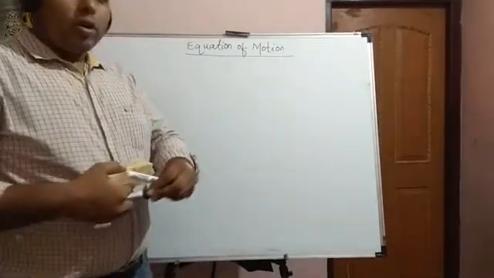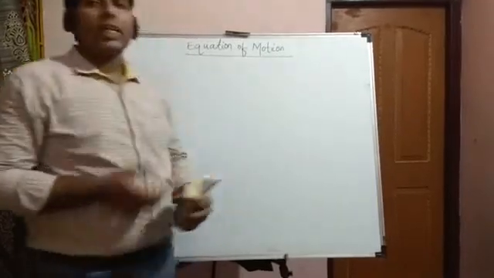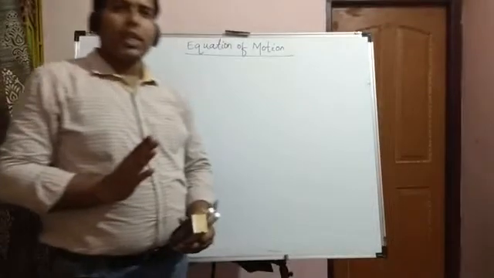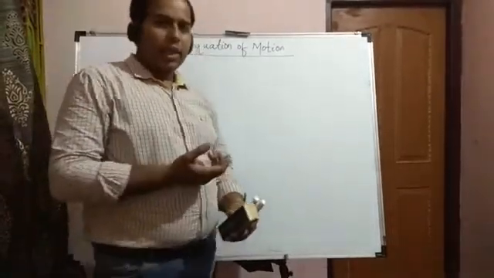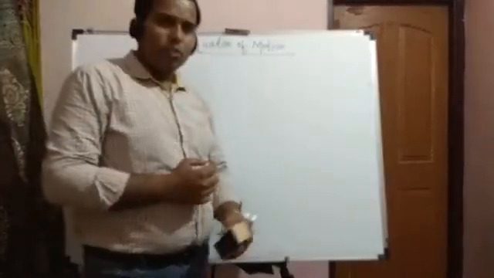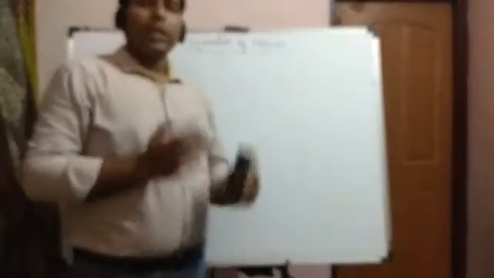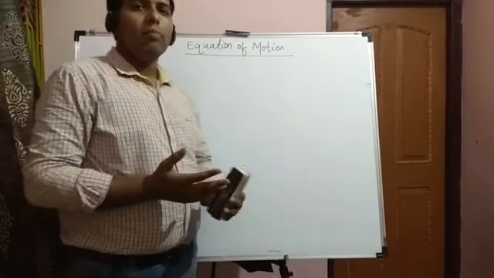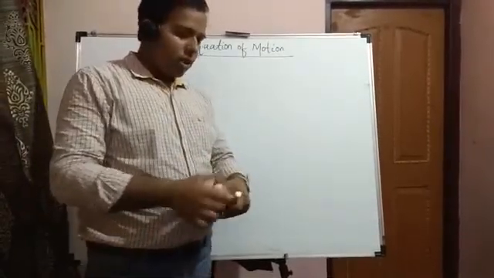So, which type of relationship can we establish? Suppose a vehicle is moving under uniform acceleration and covering a distance s in time t. It has the initial velocity u and the final velocity v. In this situation we can establish a relationship among all these parameters, and we call it the equation of motion.